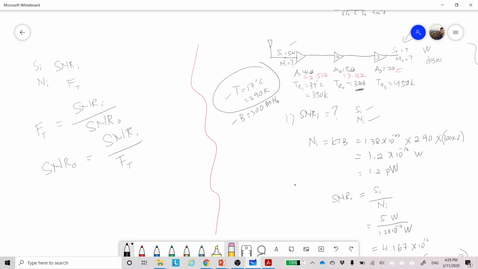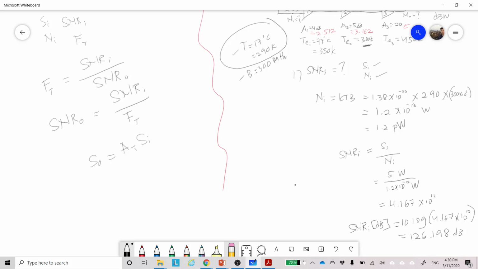Selepas saya cari SNRO, maka saya boleh kira berapakah SO dan juga NO. Saya boleh cari SO bersamaan dengan A total darabkan dengan SI. This is a simple thing.